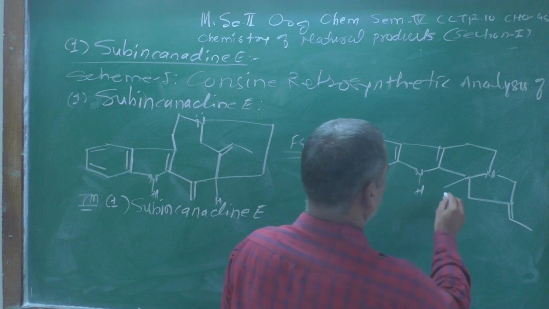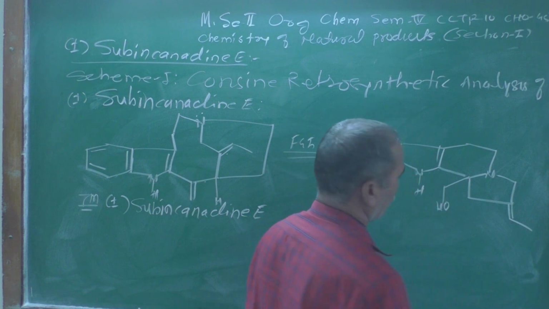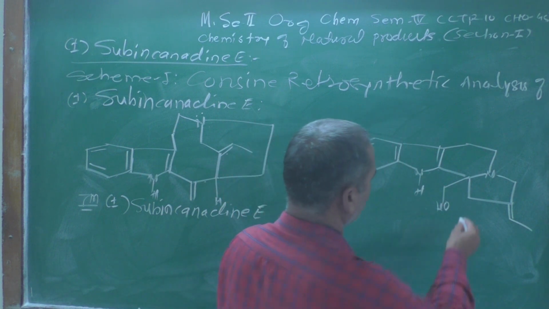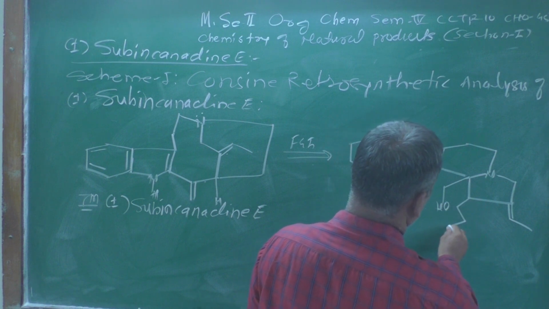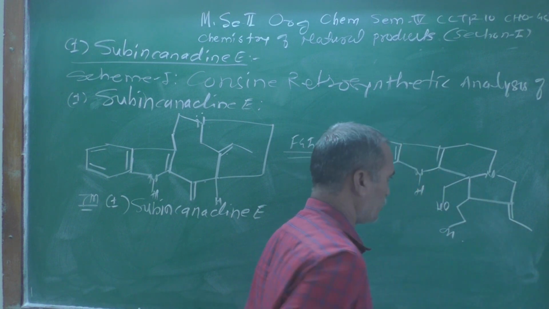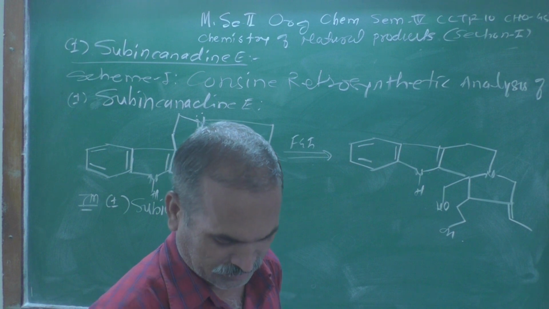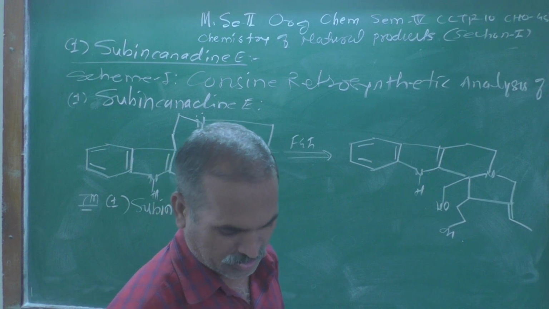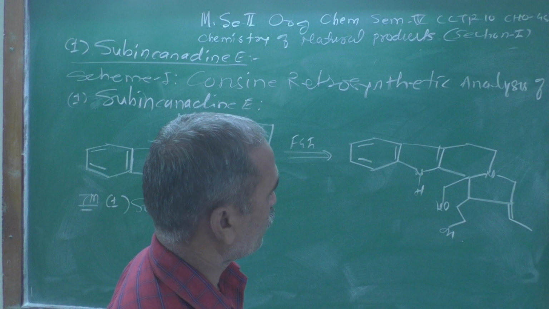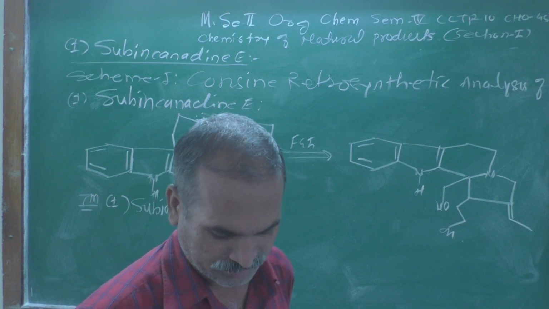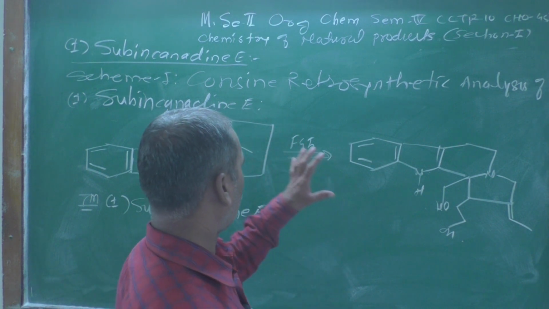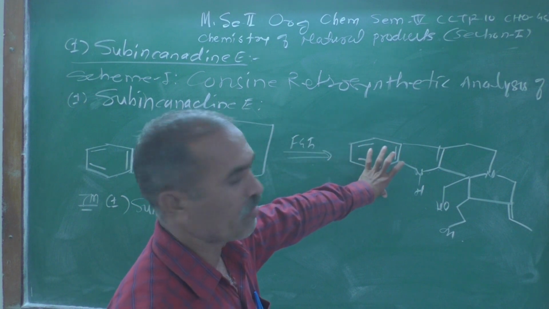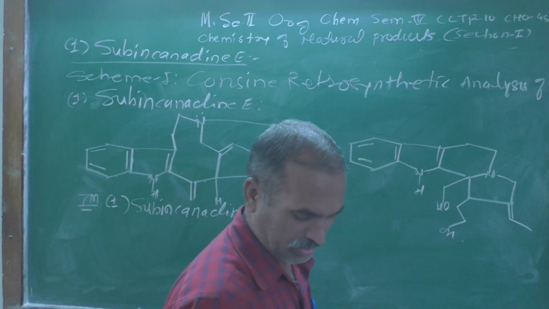Here there is a hydroxy group, CH2OH, and then here CH2 and then a hydroxy group. So this is the functional group we connected. That is a known FGI. This is our another molecule. This molecule could be made from this. That's why we have written this.